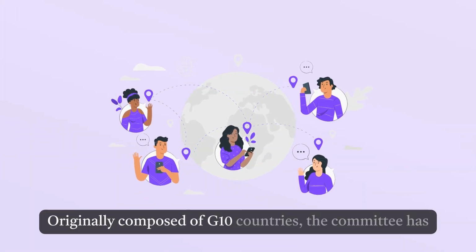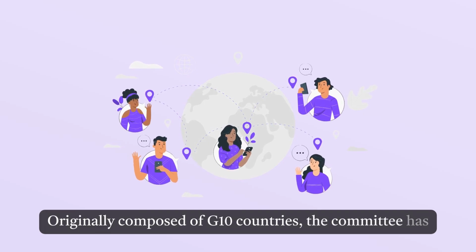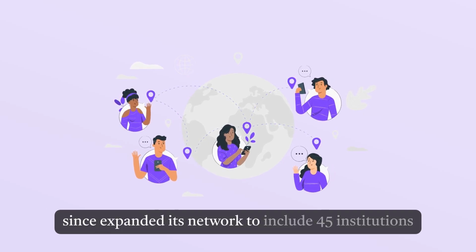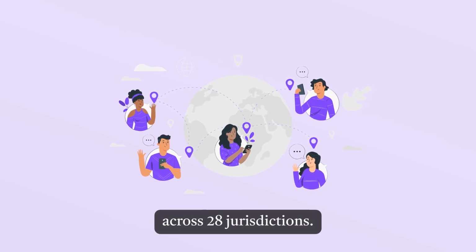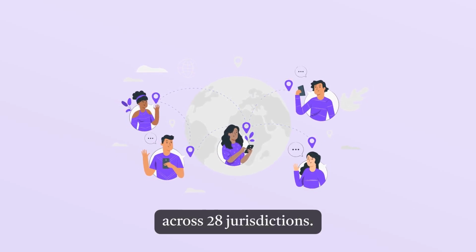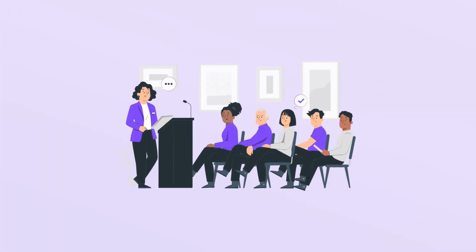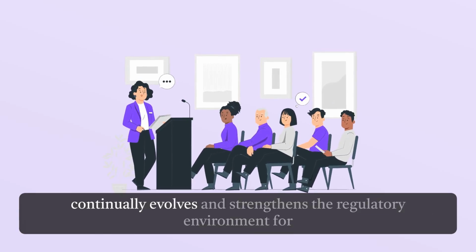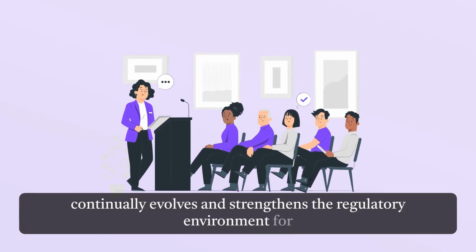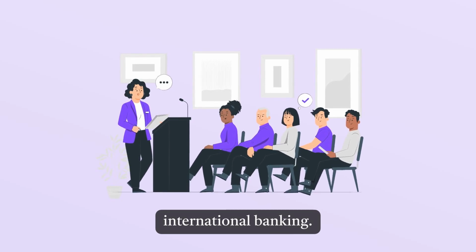Originally composed of G10 countries, the committee has since expanded its network to include 45 institutions across 28 jurisdictions. With regular meetings throughout the year, the committee continually evolves and strengthens the regulatory environment for international banking.